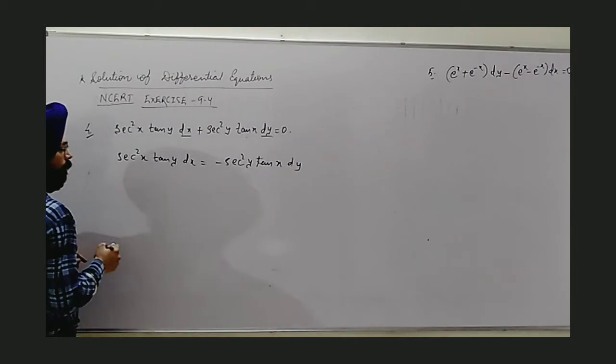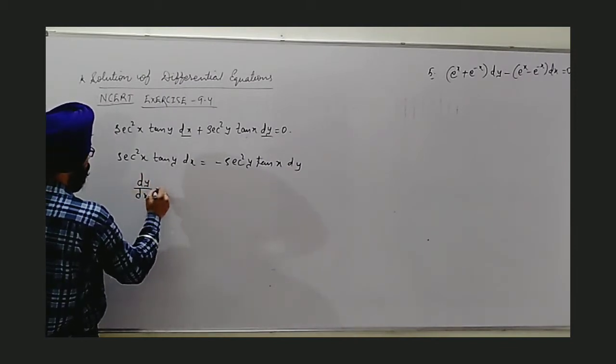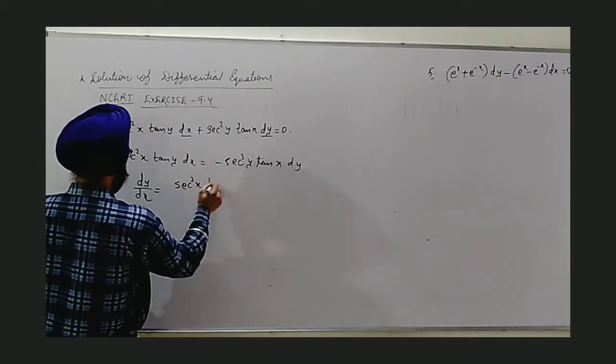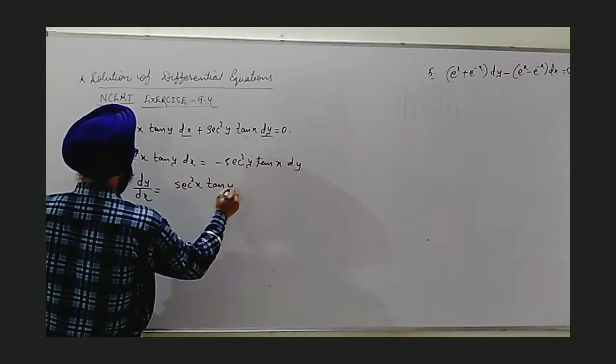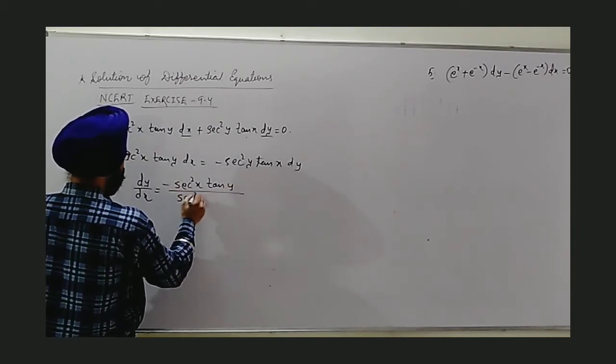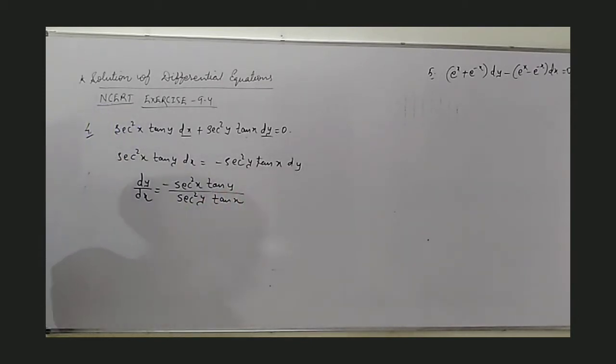We get so. Now from here we can say dy by dx is equal to sec square x tan y upon minus sec square y tan x. Now you can check easily.